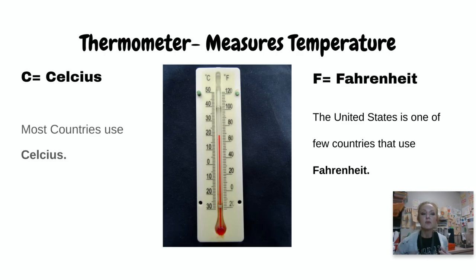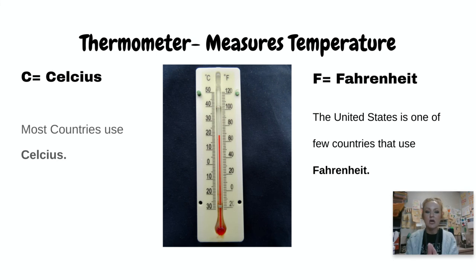The first one is a thermometer. It measures temperature. You may have had a fever at one time and your mom or dad says, let me go get the thermometer, because they're checking your body's temperature. A thermometer checks the temperature outside, this kind.